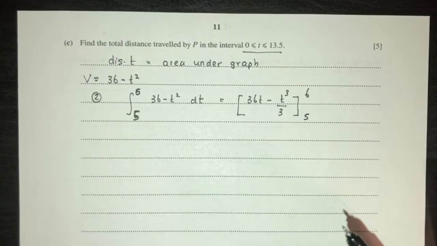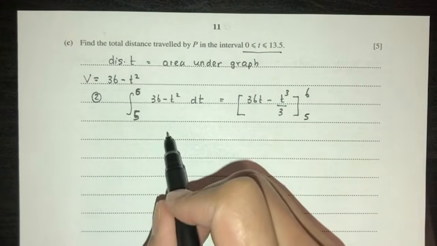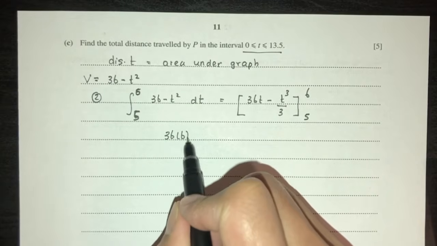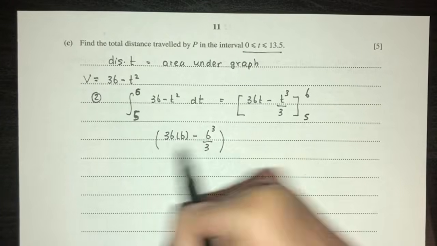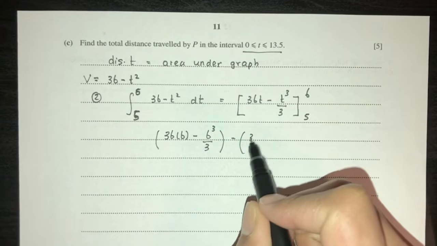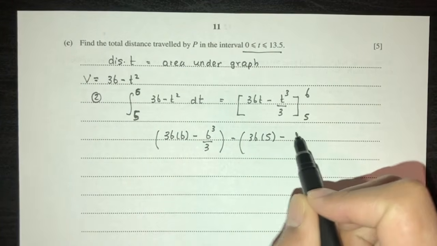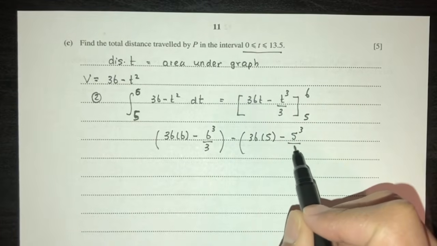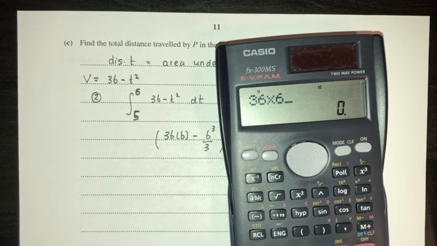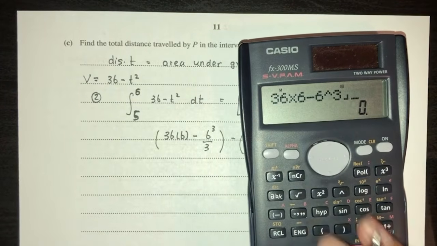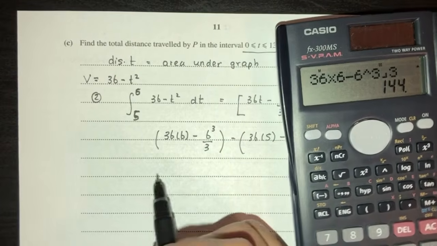Now we just have to replace to find the corresponding value. 36 times 6 minus 6 cubed divided by 3, and everything minus this one, which is 36 times 5 minus 5 cubed divided by 3. So let's find the values one by one. That will be 144 for this one.